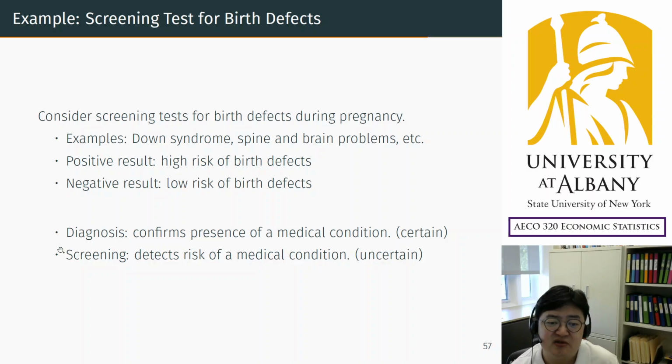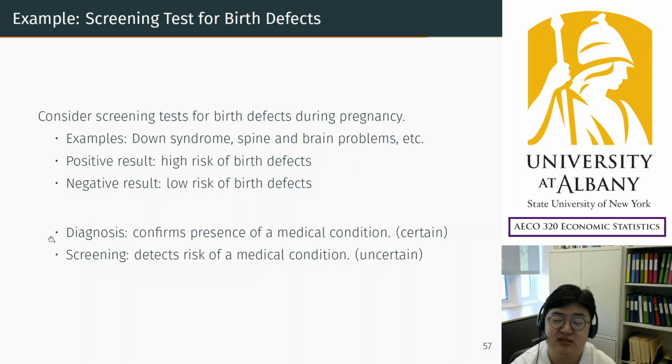And based on these screening tests, positive results imply high risk, but negative results imply low risk. I don't know how medically it works, but just to define some terms. By the way, preparing for these slides, I learned that medically there are two different terms.